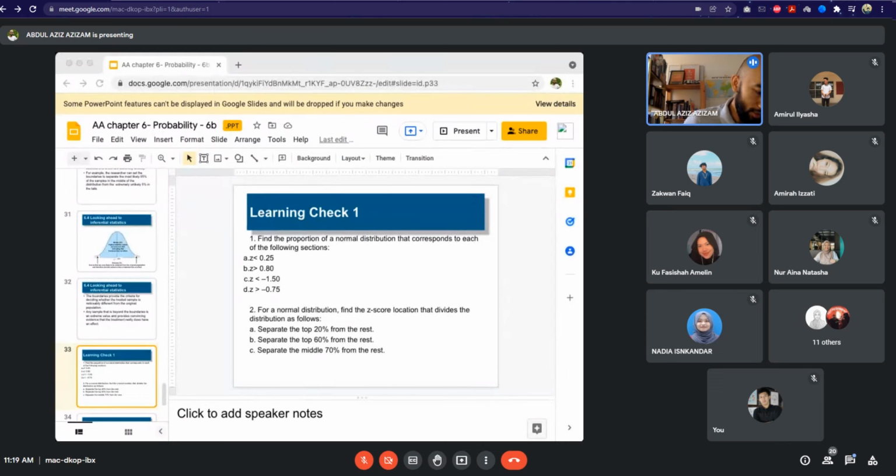Kalau dia kata nak top 20%, bermakna 0.2. Betul tak? 0.2. Top is tail. Tengok kolom tail. 0.2. Berapa Z dia?